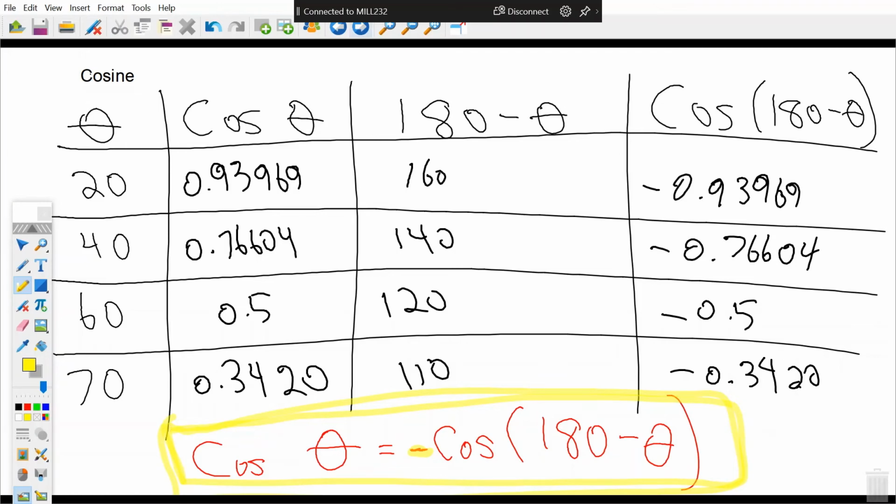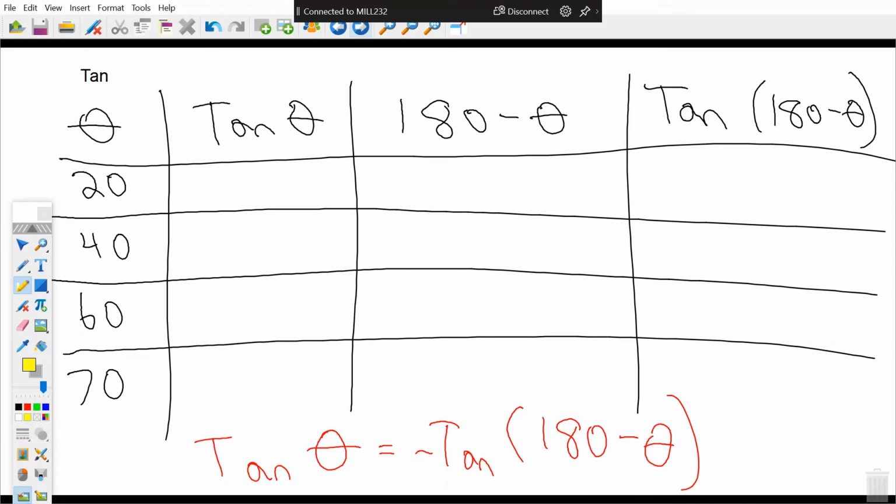Finally, tan. I don't want to fill out the table for tan. I'll just do one of them. But tan is exactly the same as cos, where if one is positive, the 180 minus that angle, the tan ratio will be negative.